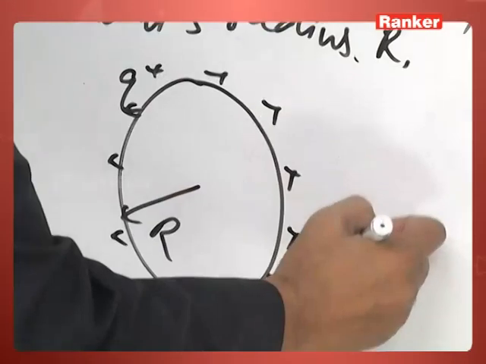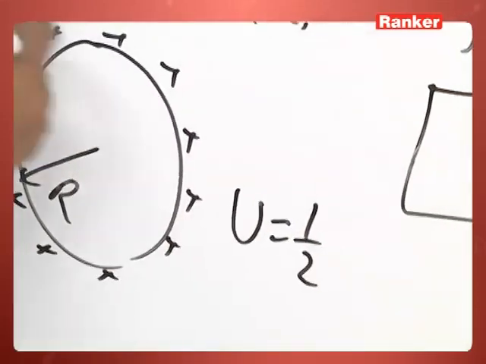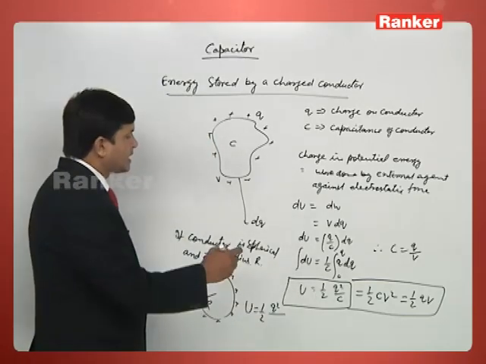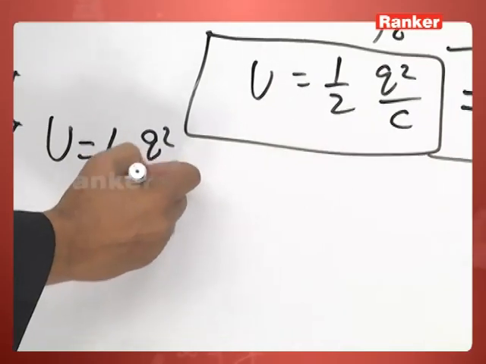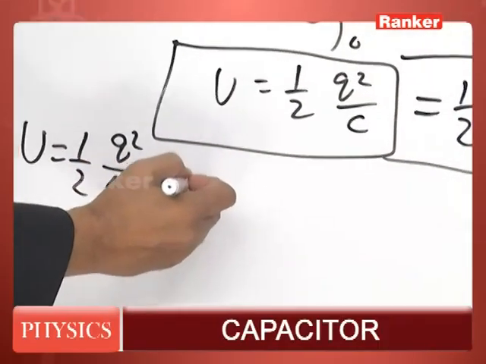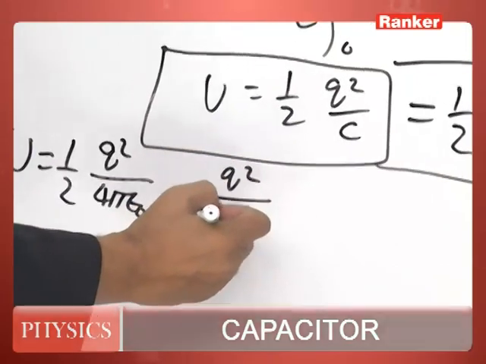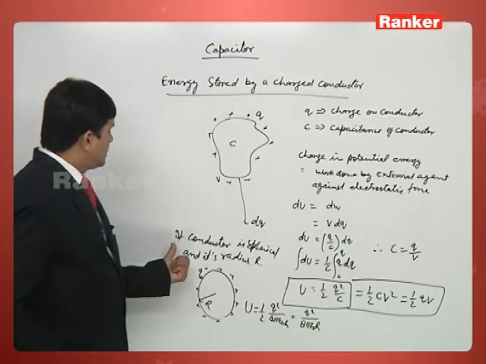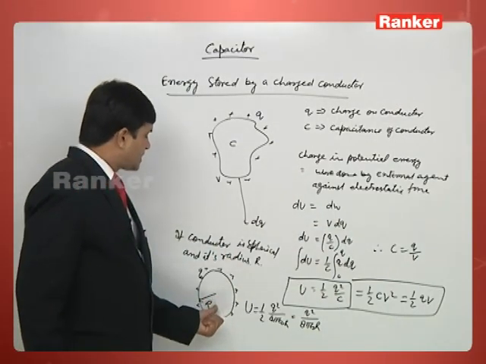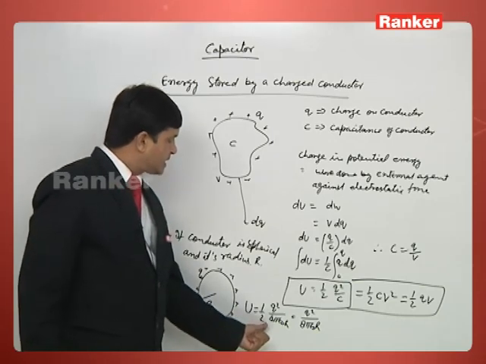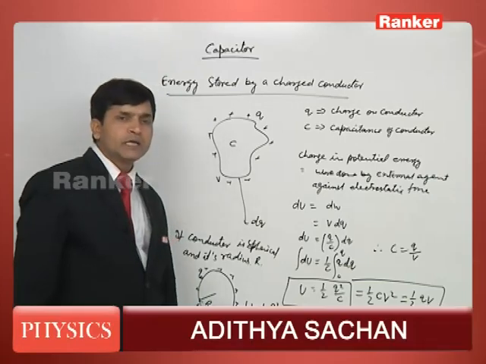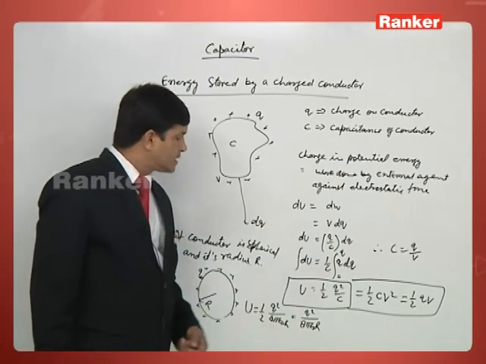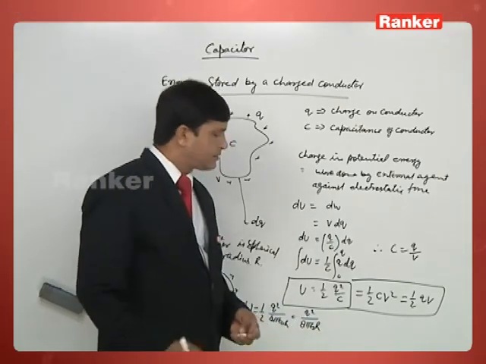Energy stored by a conductor is written as half q square by C, and the capacitance we have already determined for a spherical conductor is 4 pi epsilon naught r. So this becomes q square by 8 pi epsilon naught r. So the energy stored by a spherical conductor of radius r is given as q square by 8 pi epsilon naught r, where q is the charge on its surface and r is the radius of the conductor.